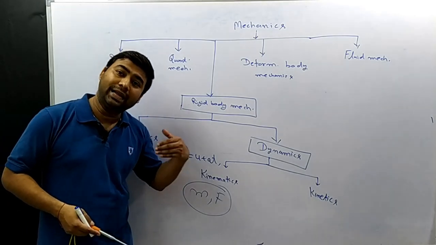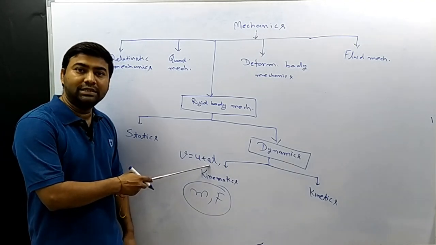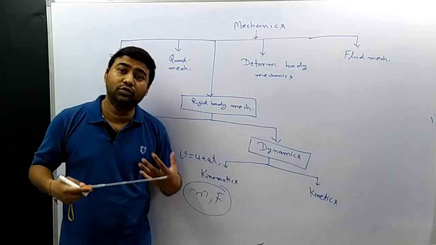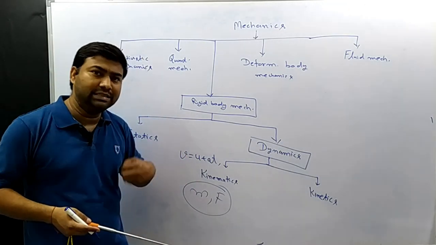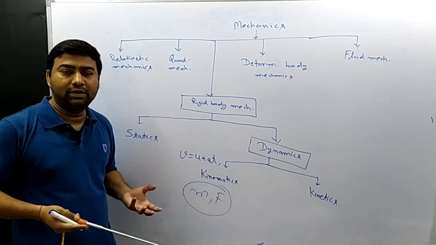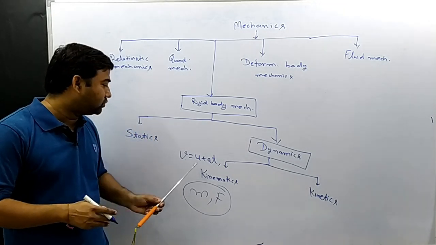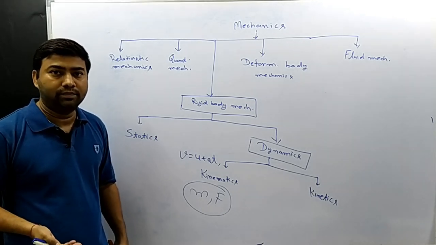Forces are acting on the body because the body is accelerating with acceleration a. That means forces are acting, but it is not necessary to consider them. The body will definitely have some mass, but the mass is not considered at all.